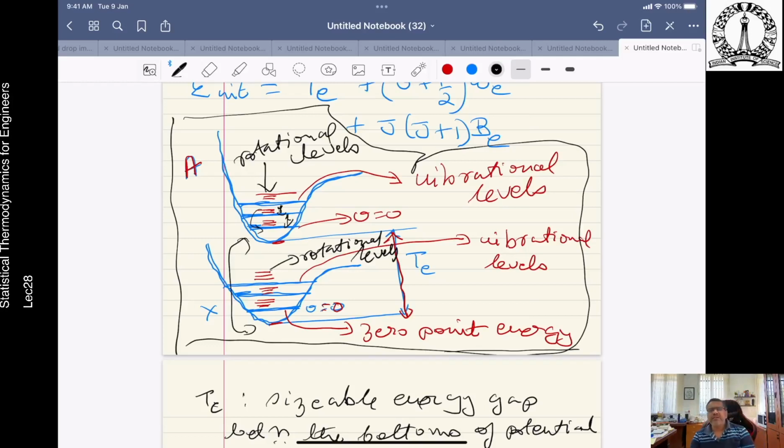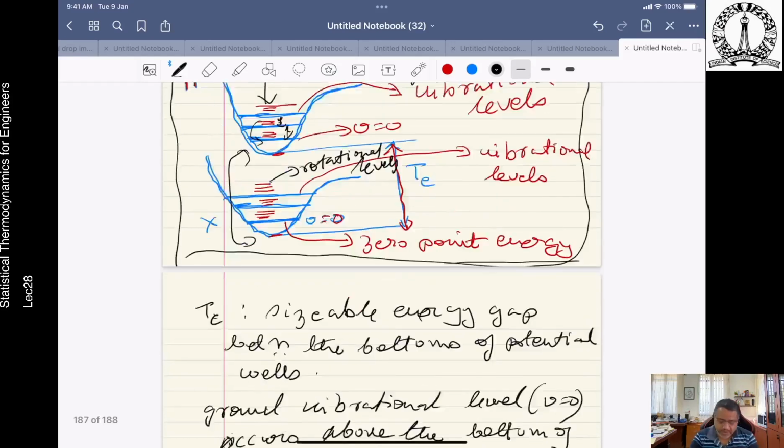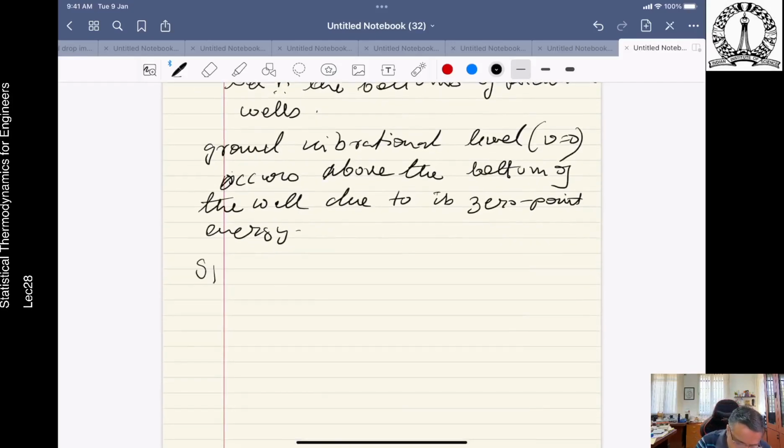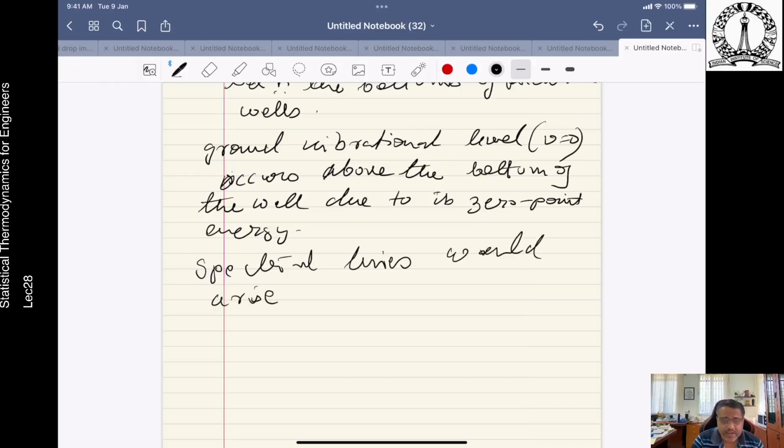So if we look at the spectral lines, they can occur, or would arise, corresponding to all energy gaps.